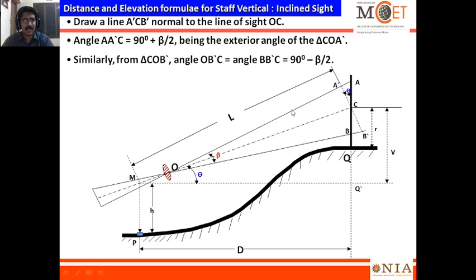The exterior angle of the right angle triangle becomes this angle, it is 90 degree plus beta by 2. Similarly, from triangle COB dash, same principle. Here also this becomes theta, and the angle OB dash C is equal to 90 minus beta by 2, right? So this is also minus only.